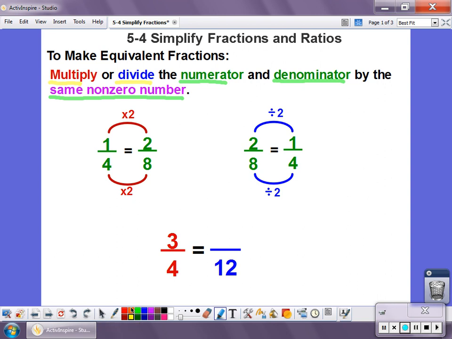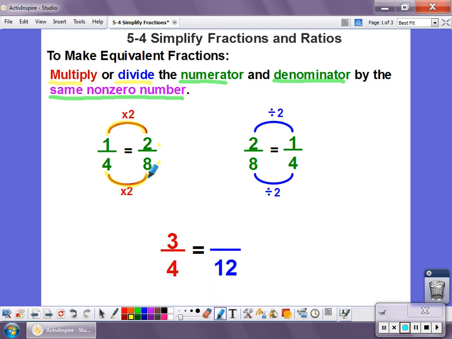So I start off by taking my numerator, which is 1, multiplying it by 2, and I get a new numerator that's 2. Then I'm going to do the same thing with my denominator, which is 4. I'm going to multiply it by 2 and get a new denominator of 8. So I can say that 1/4 is equivalent to 2/8.